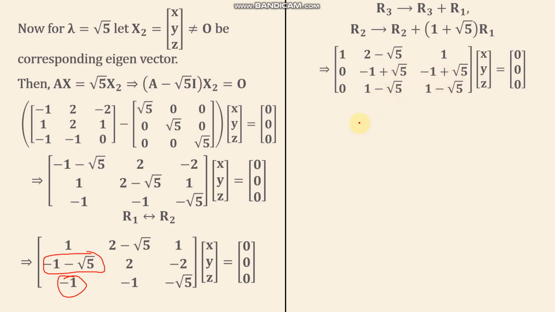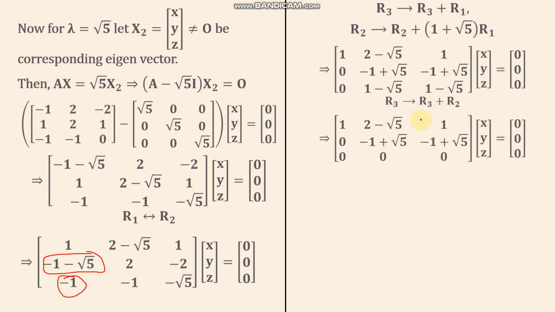Now you can see the third row can be reduced to 0 by applying the transformation R3 goes to R3 plus R2. So the third row will be reduced to 0. Here again you will get one linearly independent eigenvector because the rank is 2, so 3 minus 2 is 1. Now make the equation from here.